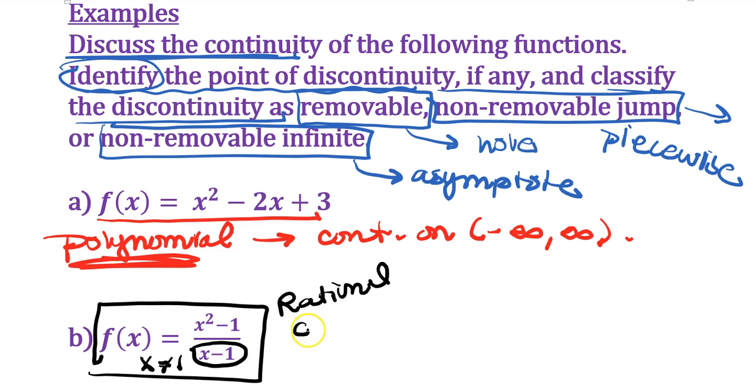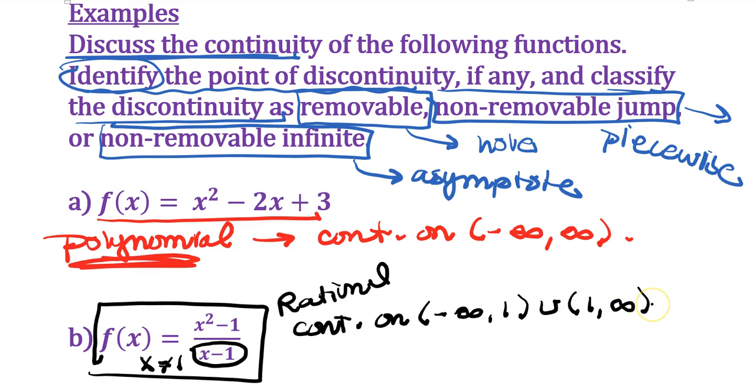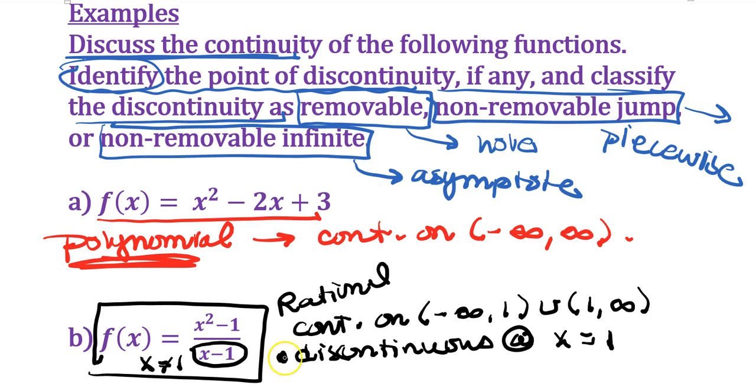So the interval of continuity is going to be from negative infinity up to that value of 1, union the value of 1 up to infinity. Now, it's discontinuous at that value x equals 1. If I ask you to write where it's discontinuous, this is how you would do it. You would tell me it's discontinuous at the specific value c that we're concerned about.